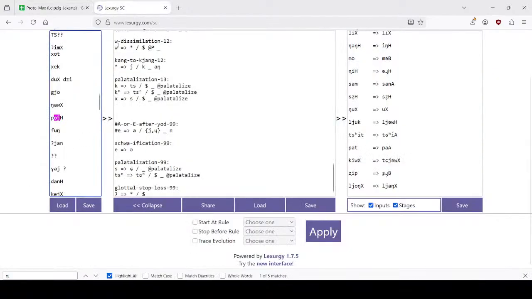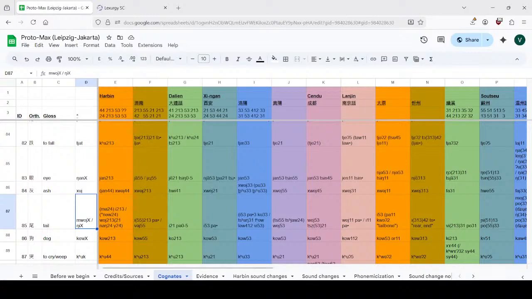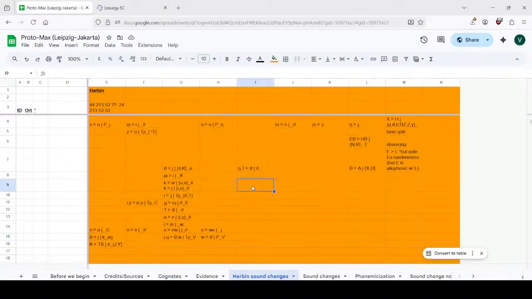I might need a text file, but essentially what I'm thinking is moi becoming wei, becoming wui, becoming we, becoming wei, or something like that.